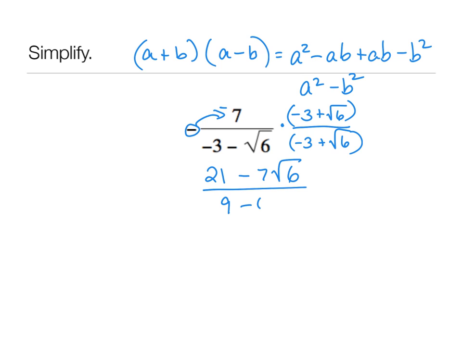So that would be minus 6. I end up with 21 minus 7 square root of 6 over 9 minus 6, which is 3. Now, if each of these values were divisible by 3, I would then reduce it. But since that's not the case here, this is my final answer.